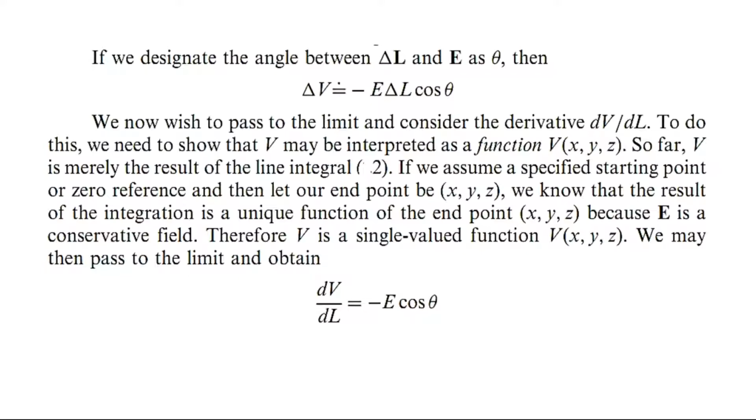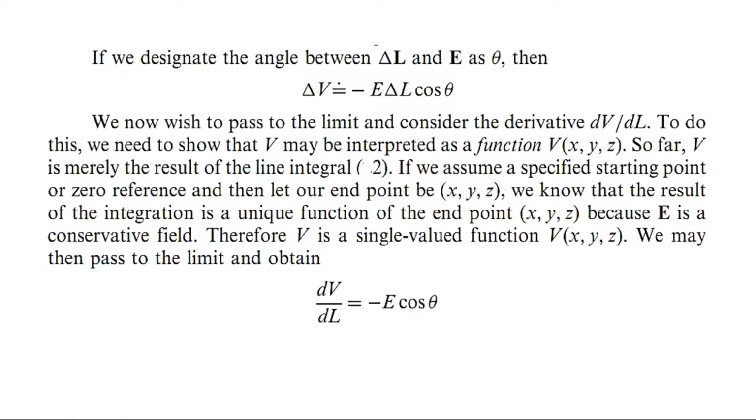And after that we will replace this dV by dL with partial V by partial x, partial V by partial y, partial V by partial z, because V is a function of x, y and z. But from this equation we can see that dV by dL is equal to minus E cos of theta.